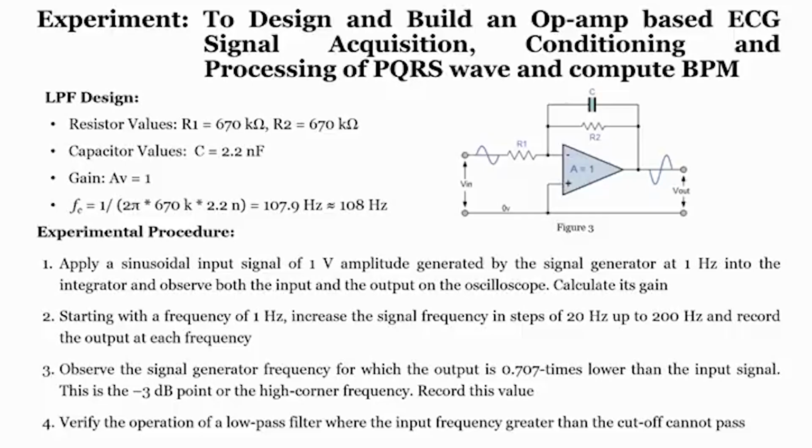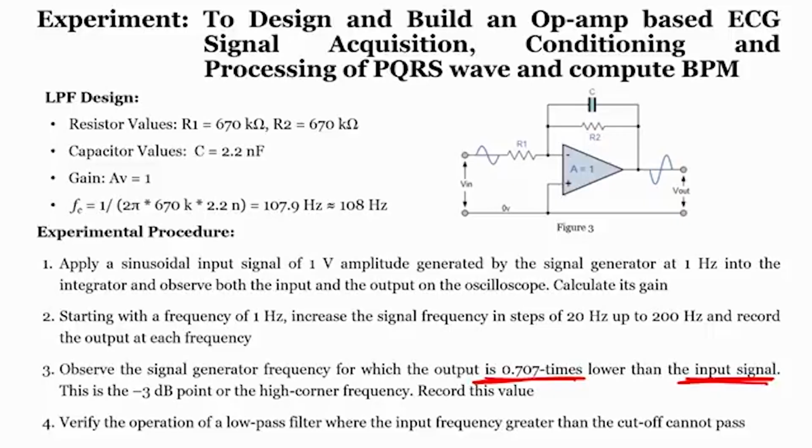Third one can be, we can observe the signal generator frequency for which the output is 0.707 times lower than the input signal. So, this is our minus 3 dB point or high corner frequency. Record this value.